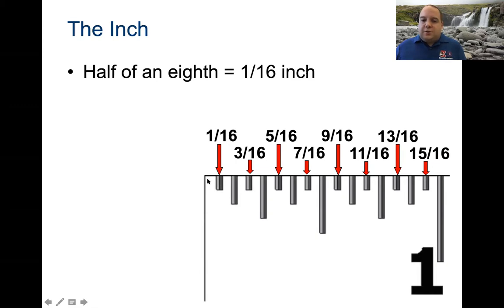What would that measurement be right in there? Well, that would be a 32nd, 1/32. But for most times, we're not going to go more than a 32nd in this class. When you get to 64ths, which is 32 times 2, you're splitting hairs. You're talking really, really small measurements.